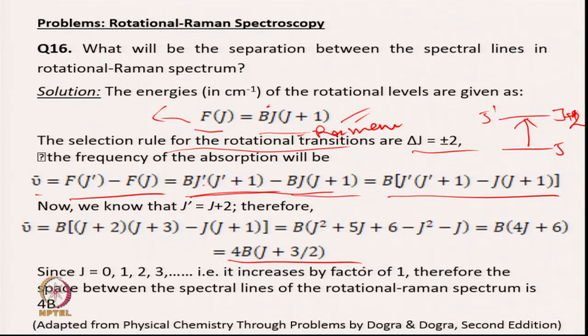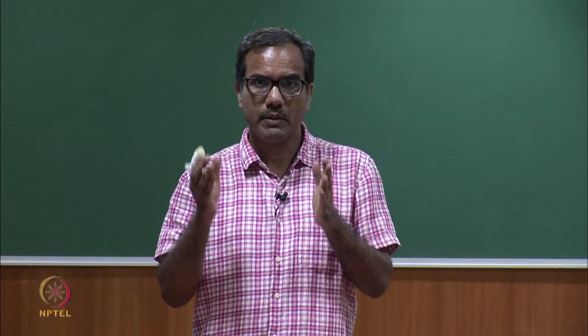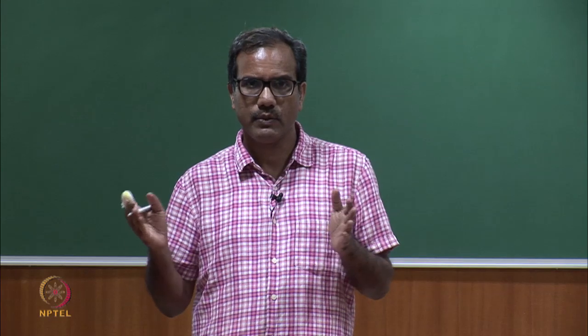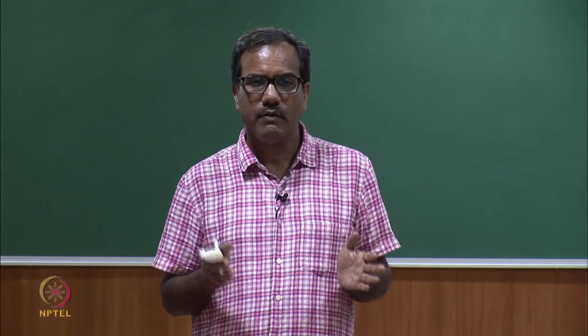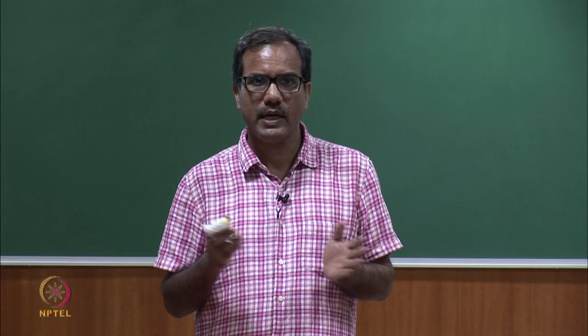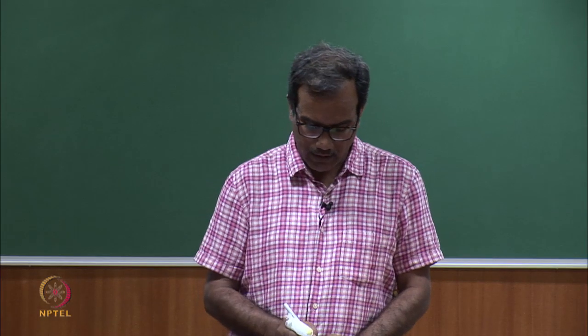Since J is equal to 0, 1, 2, 3, J increases by 1, so the spacing between spectral lines of the rotational Raman spectrum is 4B. So, the separation between spectral lines in a rotational spectrum is 2B, whereas the separation between spectral lines in a rotational Raman spectrum is 4B.